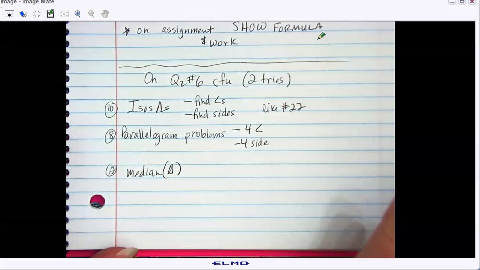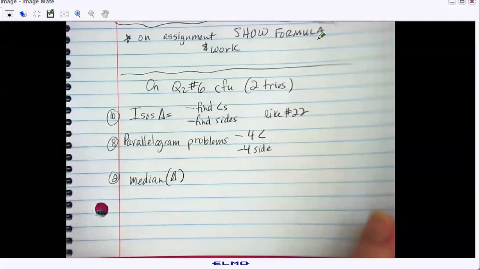Anybody start writing? Let's look at isosceles triangles. I'm going to make some of the numbers really basic so that you can just understand the concept rather than get bogged down by algebra.